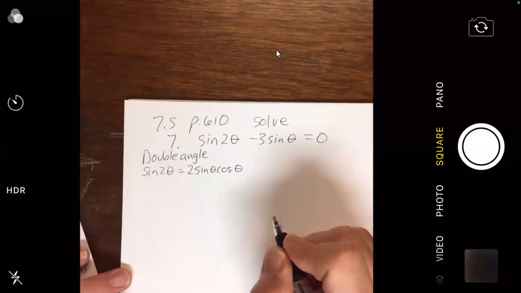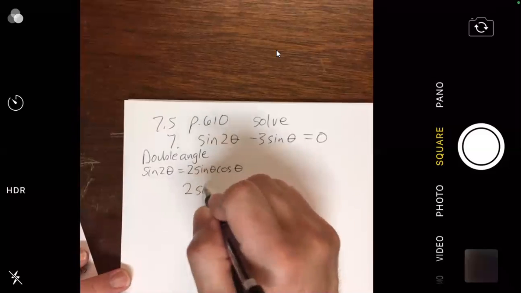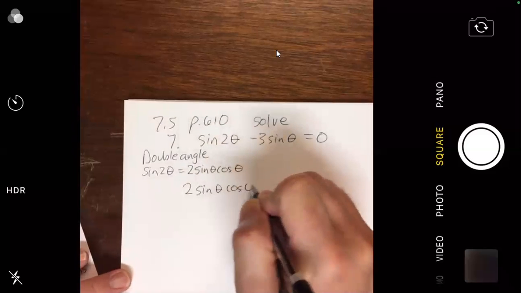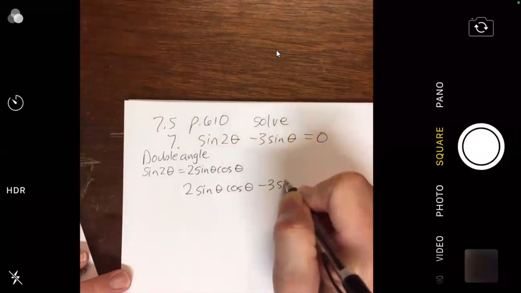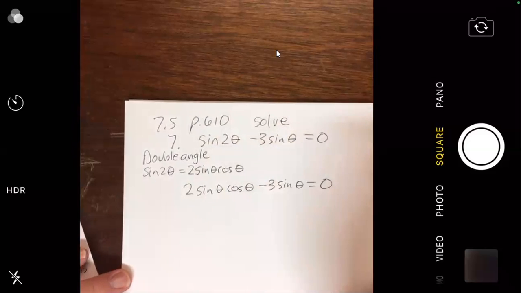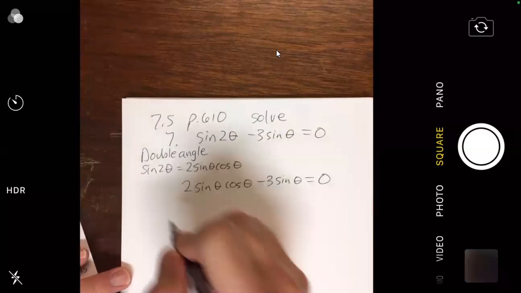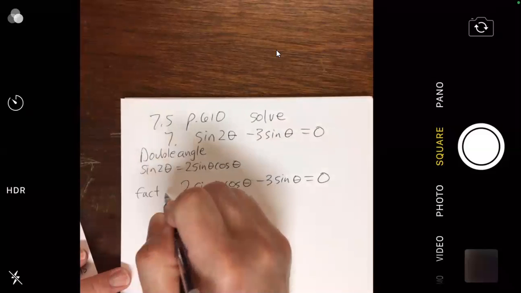Sure you have it perfectly memorized, just like I do. Put that in. 2 sine cosine theta minus 3 sine. You want to factor out the common factor.